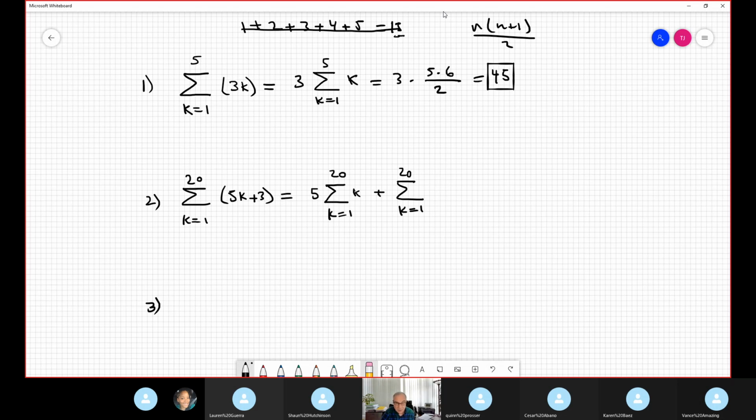However, if you put it outside, what number stays inside the summation? 1.